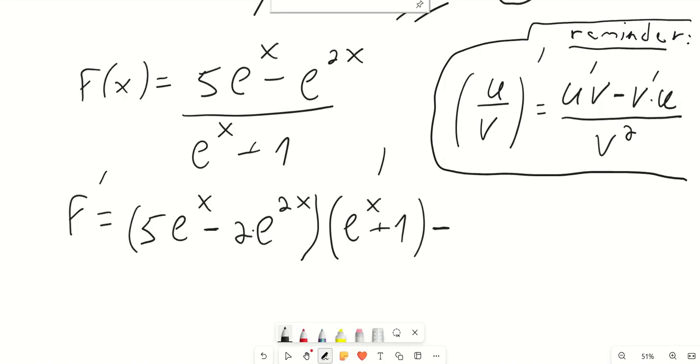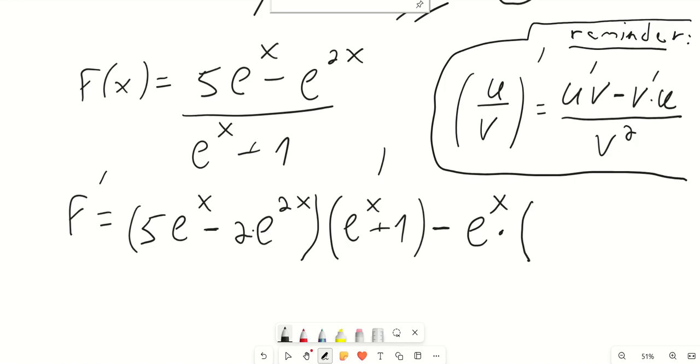Now I have to take the derivative of the denominator. So the derivative of e to the power of x is e to the power of x, and the derivative of 1 is 0. So the derivative of the denominator is simply e to the power of x.